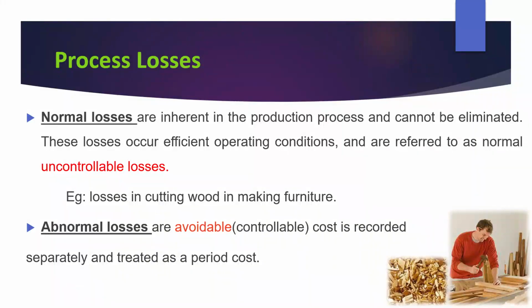So you can remember in the second chapter, we have learned period cost as well as product cost. So here, this abnormal loss is treated as the period cost and we are going to report it separately. If the organization takes necessary measures, these should be avoided.